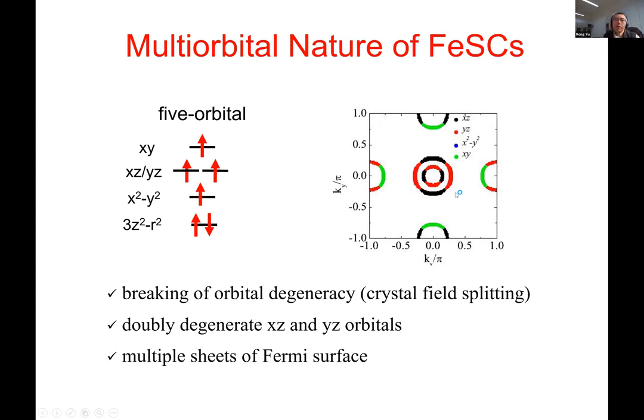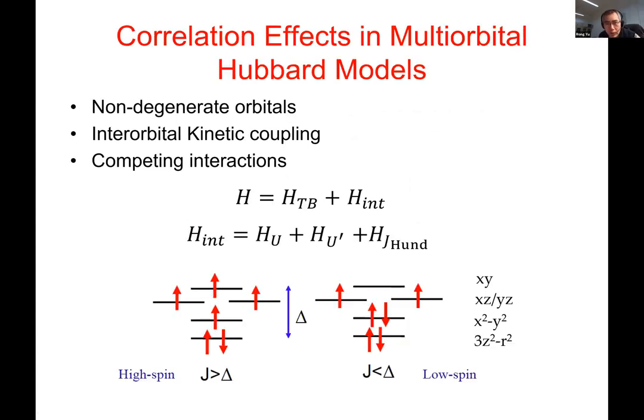So if we start from theory, we can consider a multi-orbital Hubbard model for the iron-based superconductors. It consists of non-degenerate orbitals with finite interorbital kinetic couplings. And the interaction part consists of competing interactions: the intraorbital Coulomb repulsion, the interorbital Coulomb repulsion, and very importantly the Hund's coupling interaction.